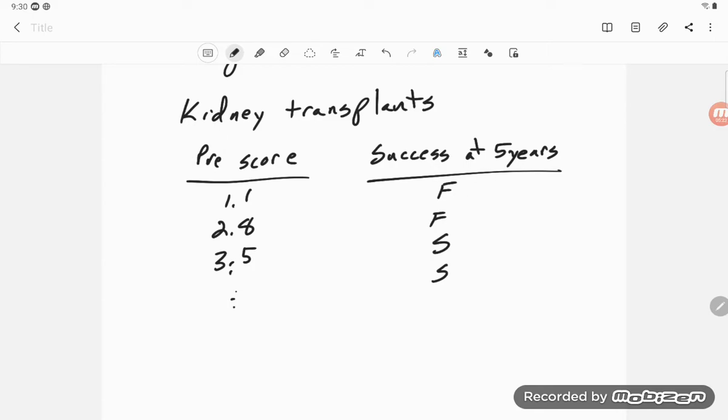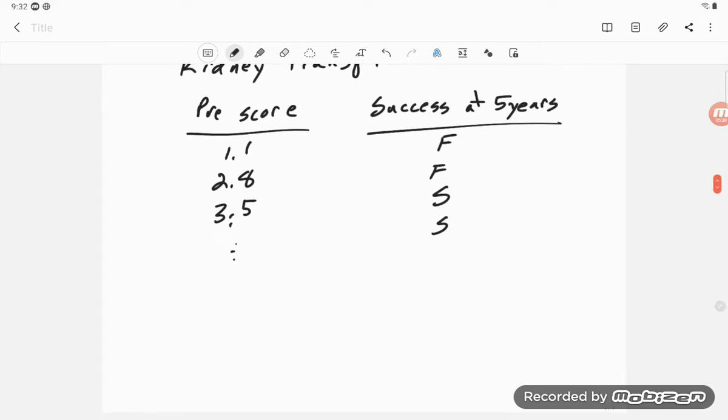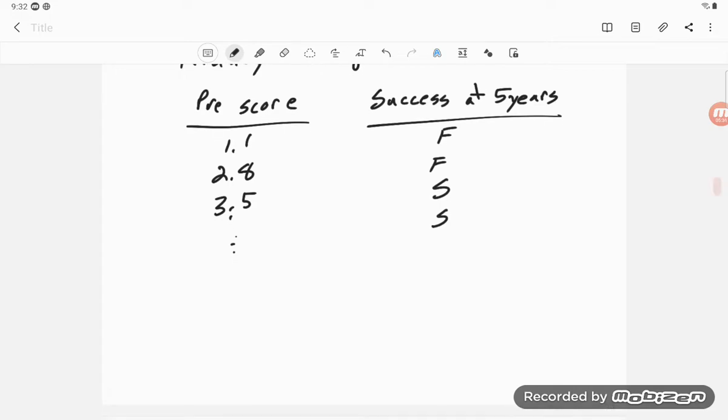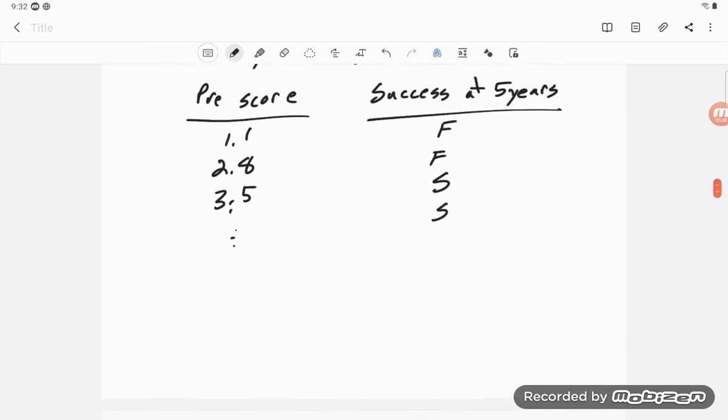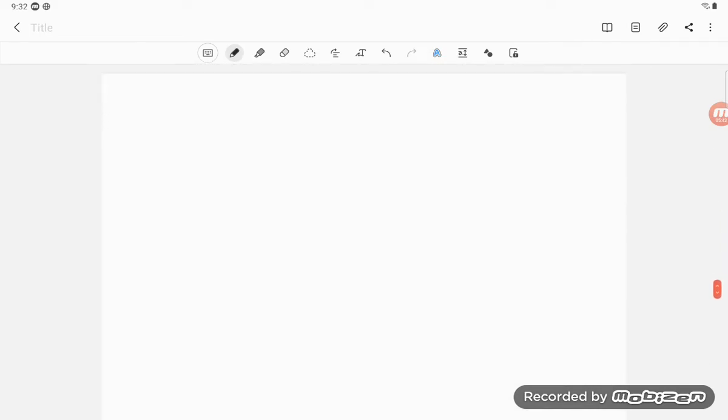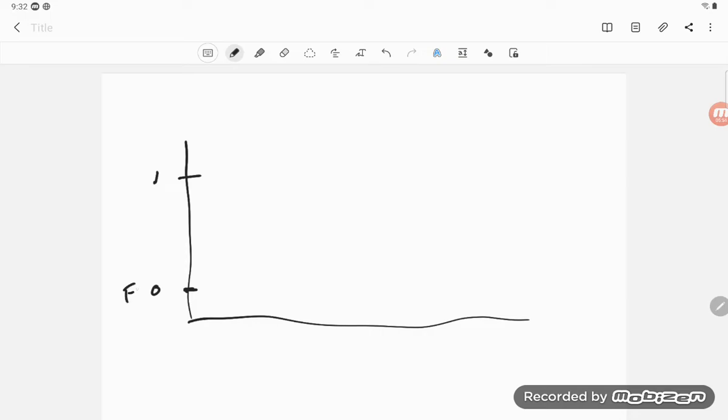So, I'm going to pause it here. Okay, so we have successes, failures at 5 years, say. That seems to be a typical response that they want to check. And so, okay, if we have a lot of this data, then what I could do is put 0 there and a 1 there, and that is, say, a failure, and that's a success.